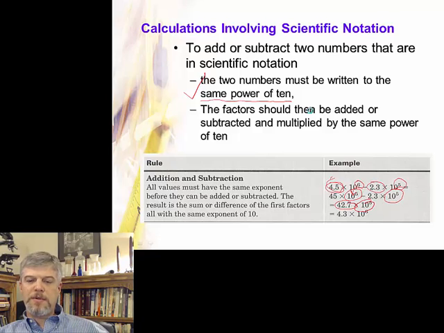Now this number is actually correct now. 42.7 times 10 to the 5 is the right size of number, but that number is not written in scientific notation because 42.7 is too big in the front. Okay, so we either write it as 4.27, in which case we made this get 10 times smaller than it was, and we'll have to adjust this to get 10 times bigger, which is what they've done here.